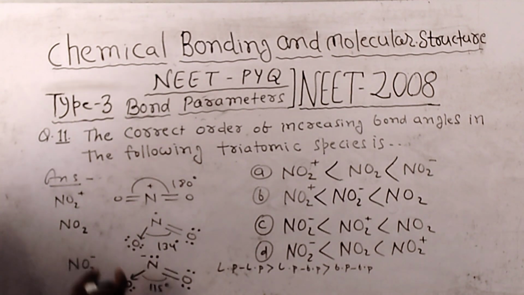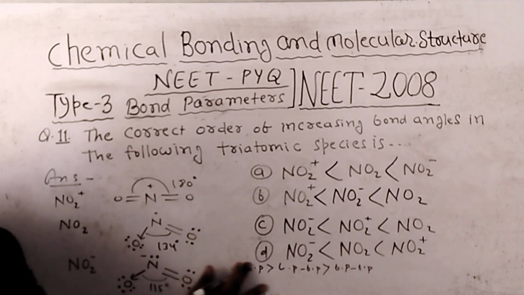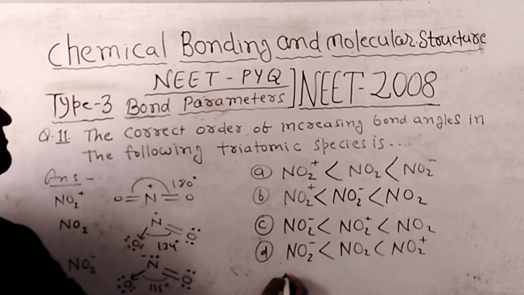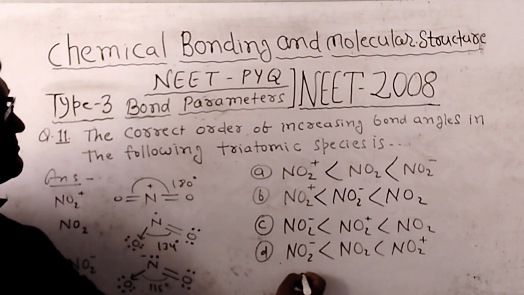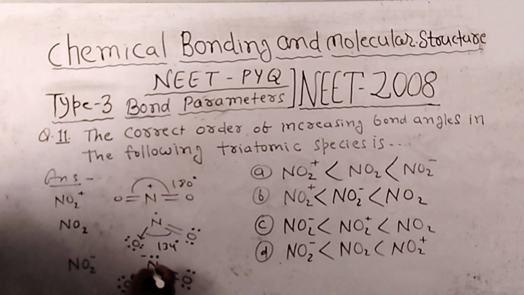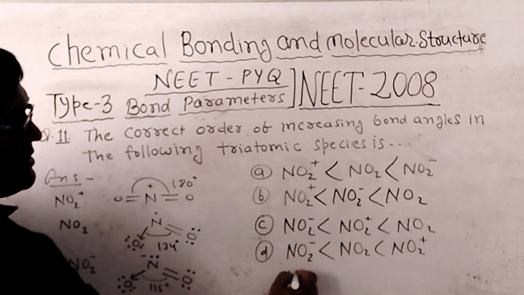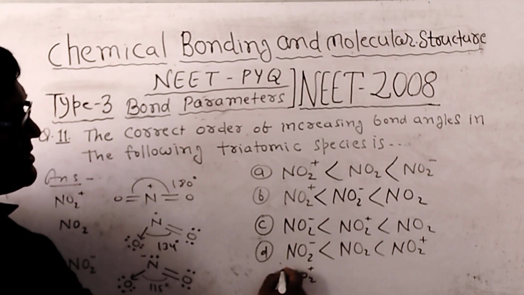So for the order of arrangement according to bond angle in these species, we can write here maximum bond angle is 180 degree. So bond angle of NO2 positive is maximum.